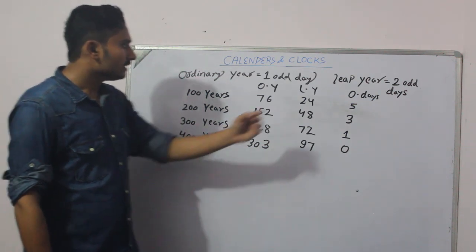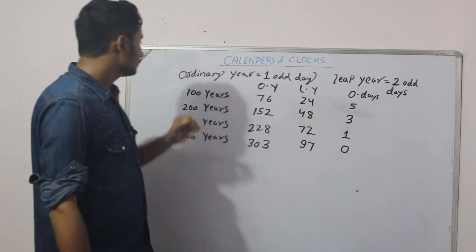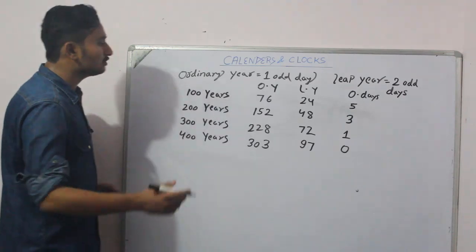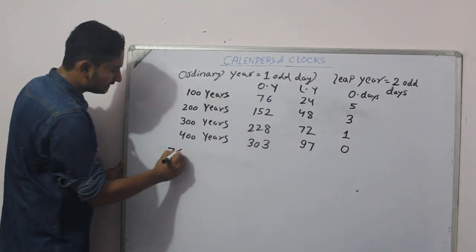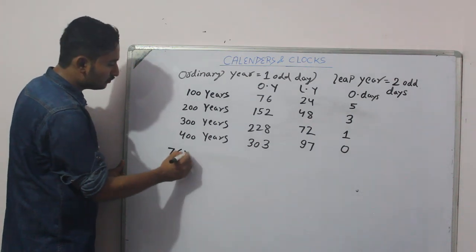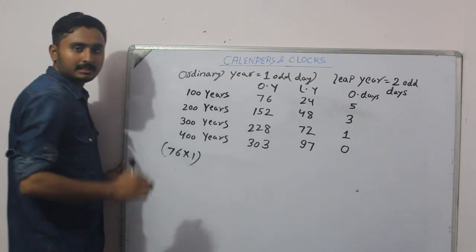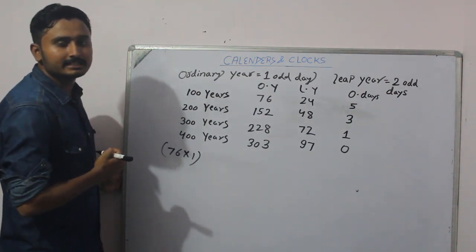Now when we look at the number of odd days, in 100 years we have 5 odd days. Let me show you how we calculated it. We have 76 ordinary years, and 1 ordinary year contains 1 odd day, so 76 years will contain 76 into 1.